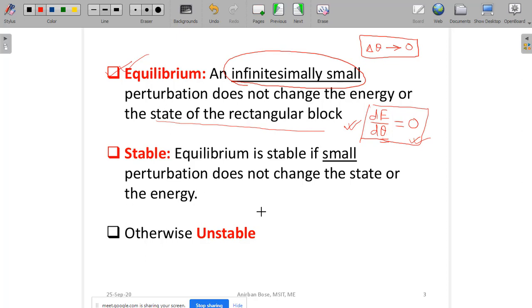Now coming to the definition of stable equilibrium. What do we mean by stable equilibrium? The equilibrium is stable if a small perturbation, it is not saying infinitesimally small, just small, does not change the state of the energy. The small perturbation is not tending to 0, but it is small, maybe delta theta. If you deviate it, the energy is not going to change.